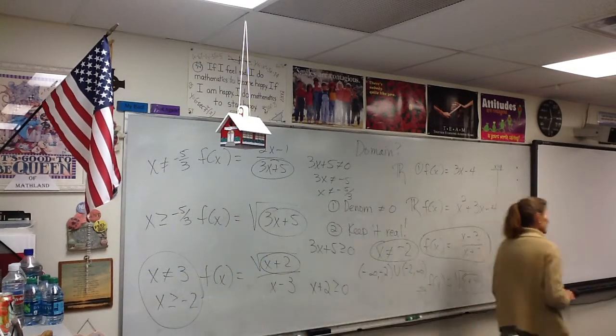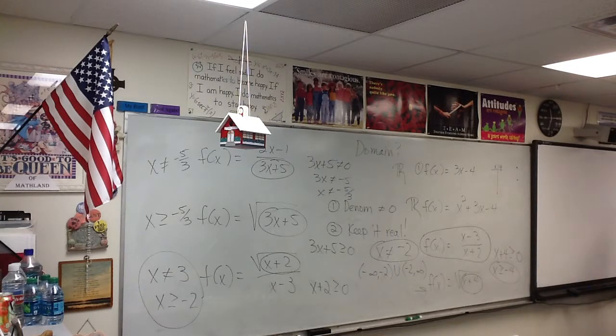Do you understand what that means? That means x could be every number bigger than or equal to negative 2, except 3. You have to skip 3, because that would make the denominator 0. You okay with that? Okay.